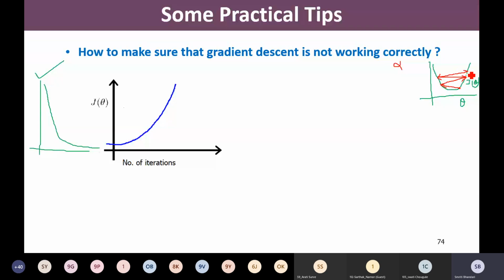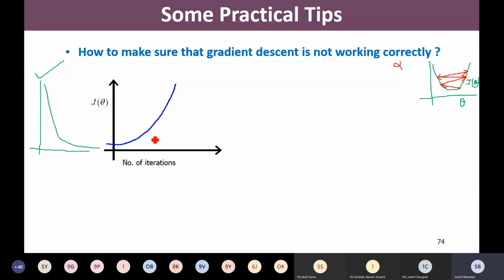So it is jumping here and there. Obviously the J theta values that I am getting are increasing after every iteration. So if my learning rate alpha is large, there is a possibility that I have such a plot.